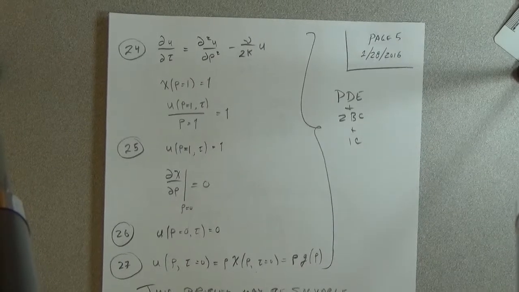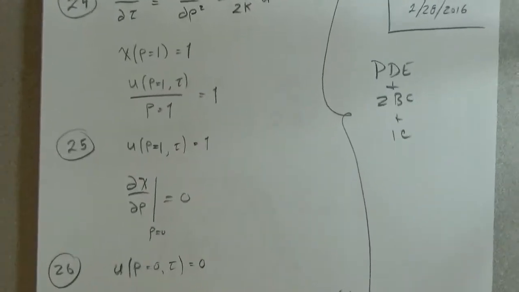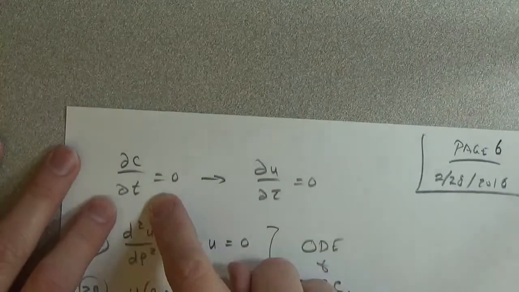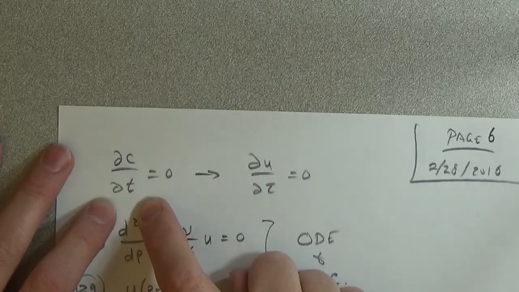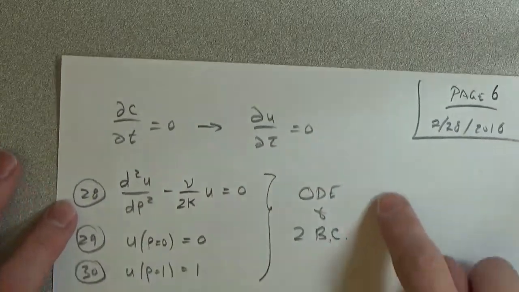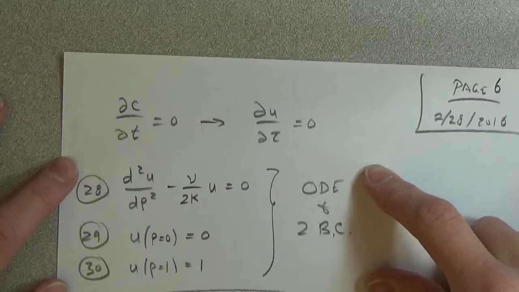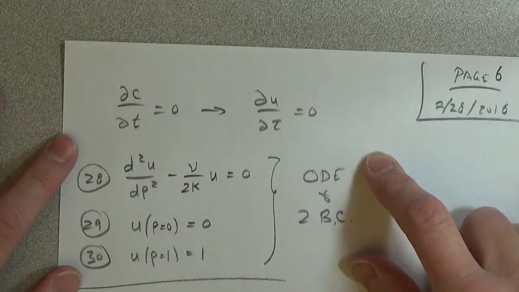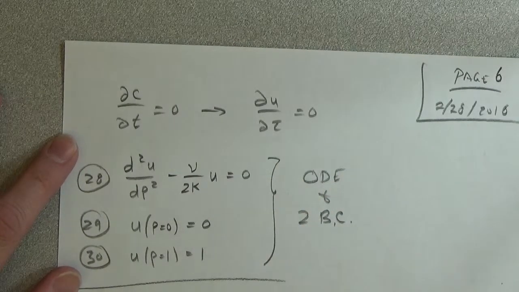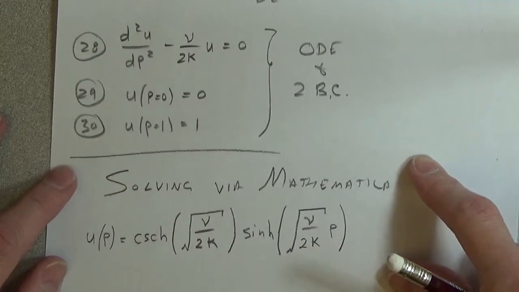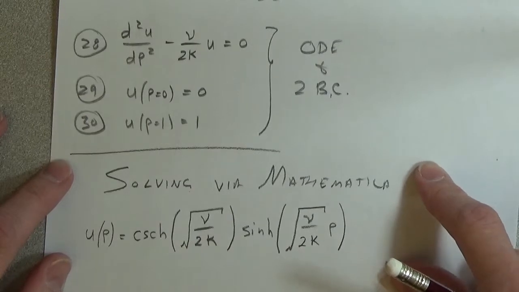Making then the substitution that the derivative of concentration with respect to time is equal to 0, that gives us du by d tau is 0, which gives us this ordinary differential equation and two boundary conditions, which is solvable. Hooray! Now, I solved it, but I'm not writing out the details, and in fact, Mathematica does a much nicer job at really consolidating this.